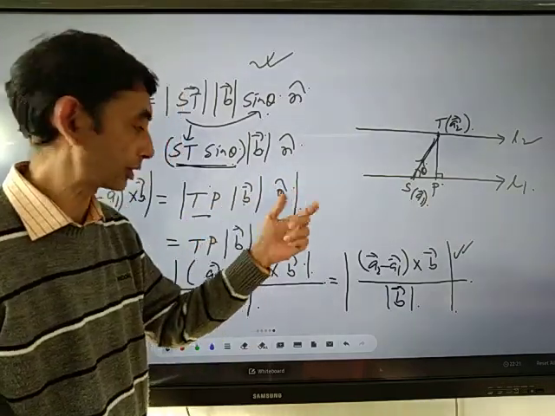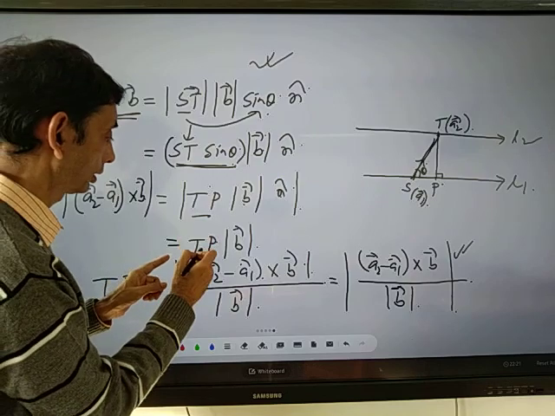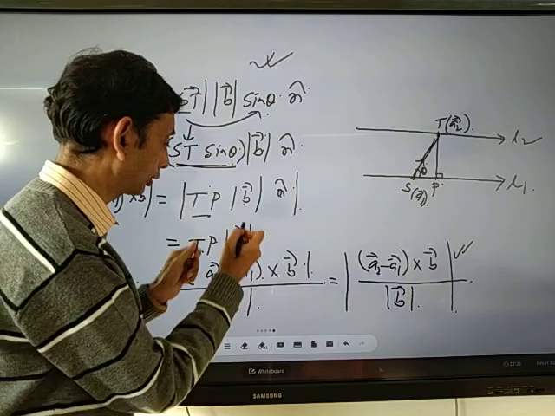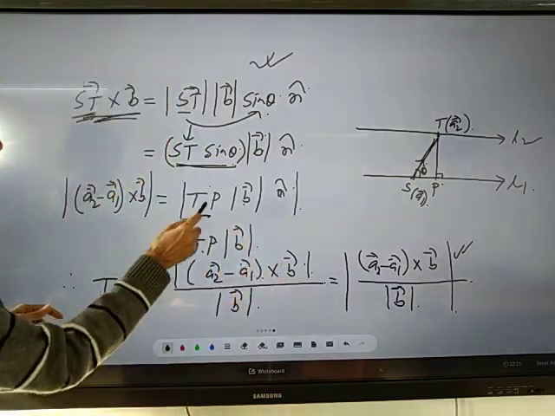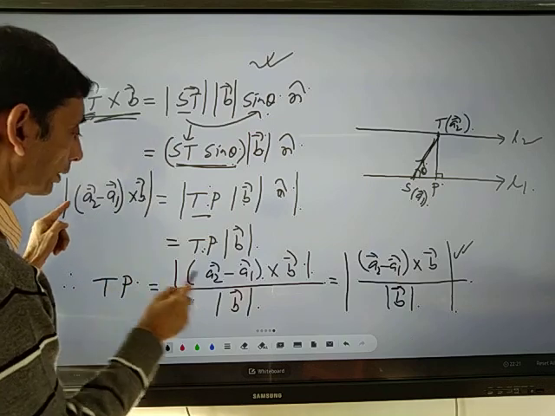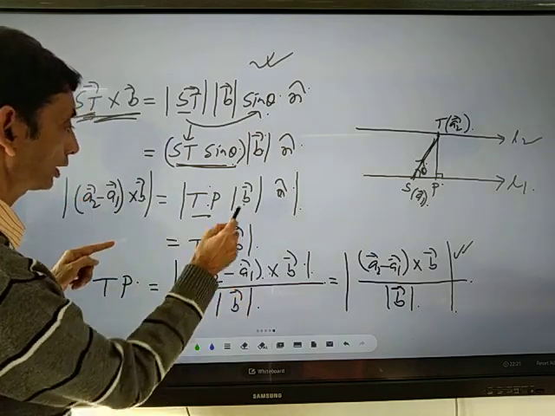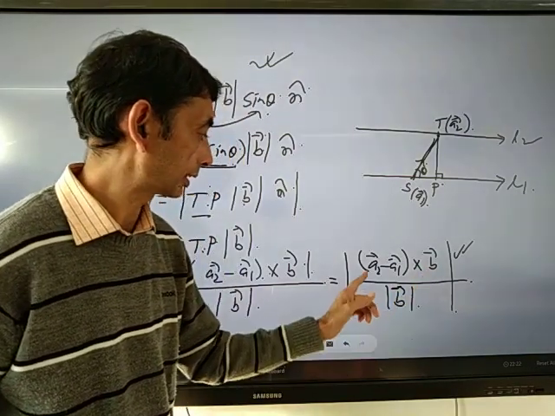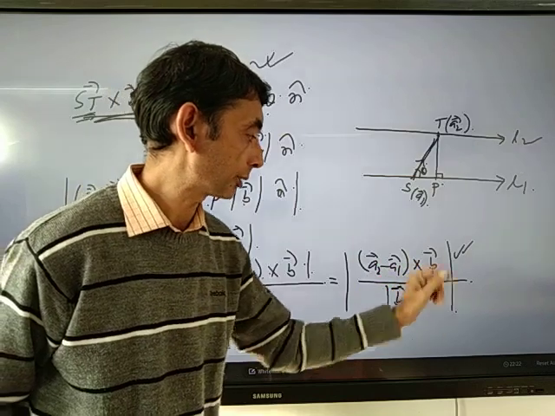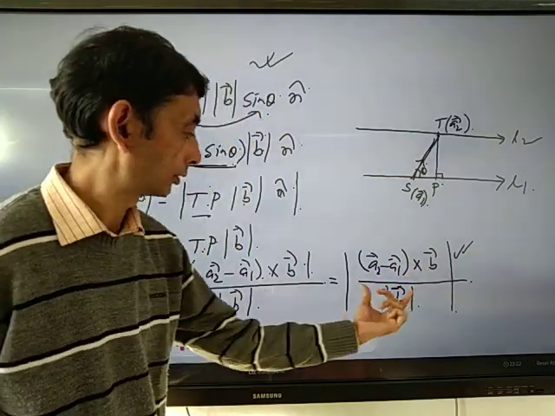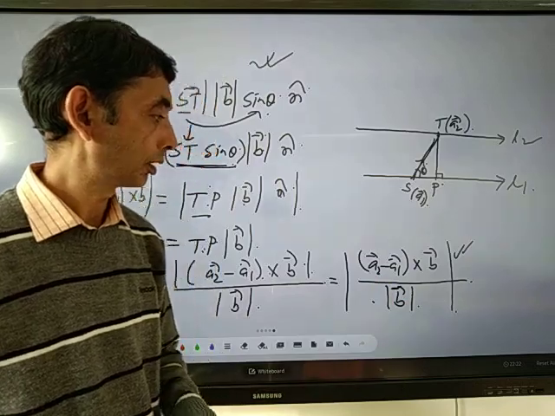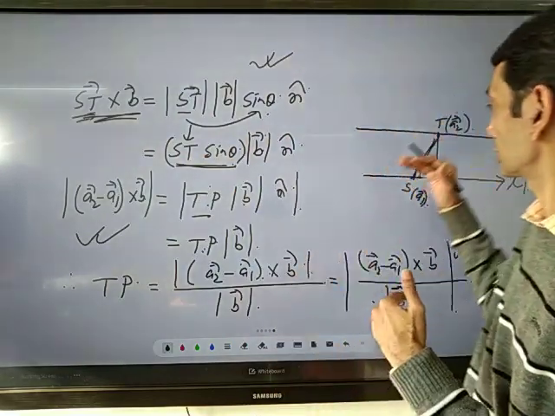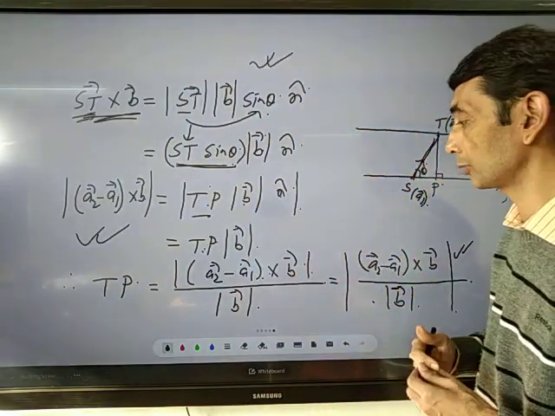The mod of n cap is 1. So finally we get TP into vector mod b, then TP is equal to mod of a2 minus a1 cross b divided by vector mod b. This is the formula to find the distance between the two lines L1 and L2 which are parallel.